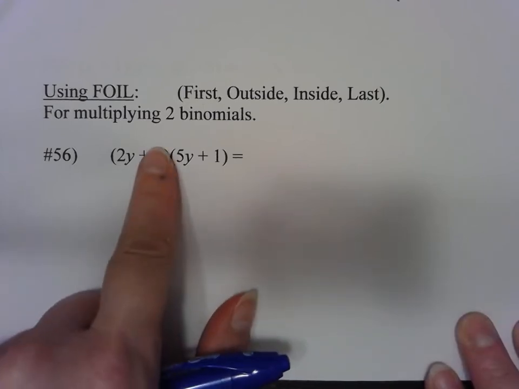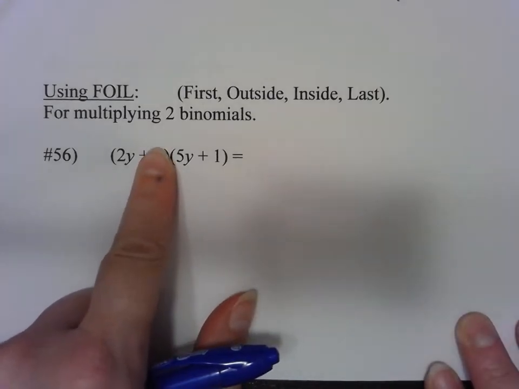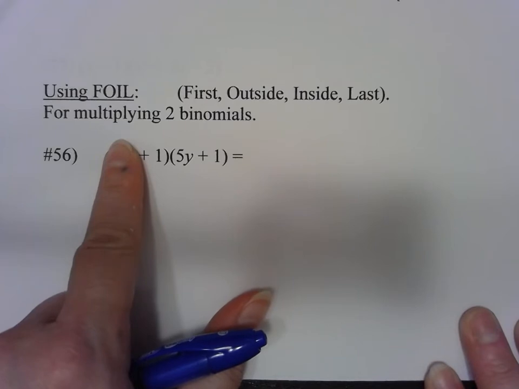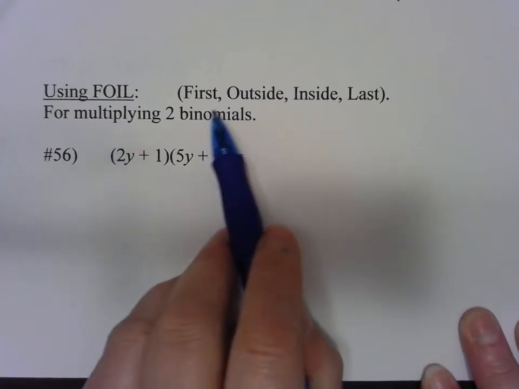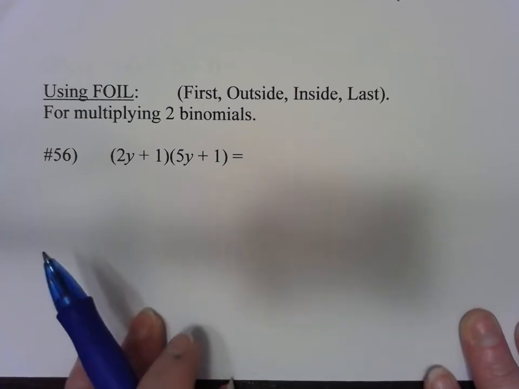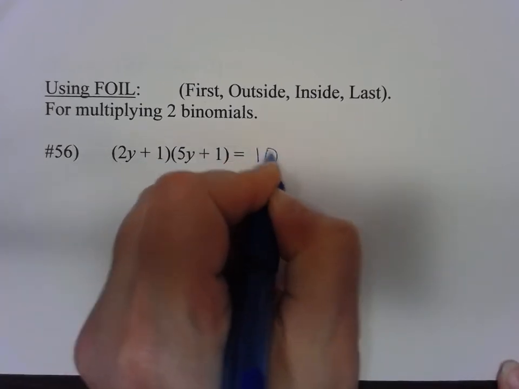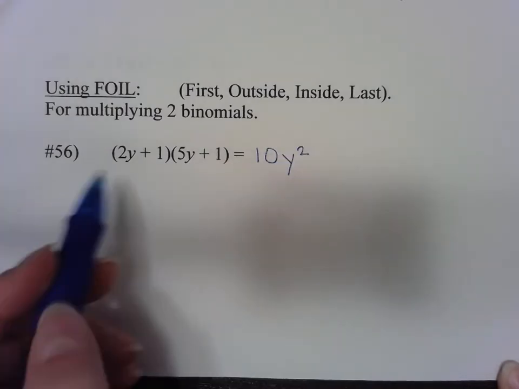So the first step is distributing the 2y. So I do 2y times both of those. And then the second step is distributing the 1. So then I take 1 times both of those. This is just a nice way to remember those parts. So the first times this first is going to give me 10y squared.